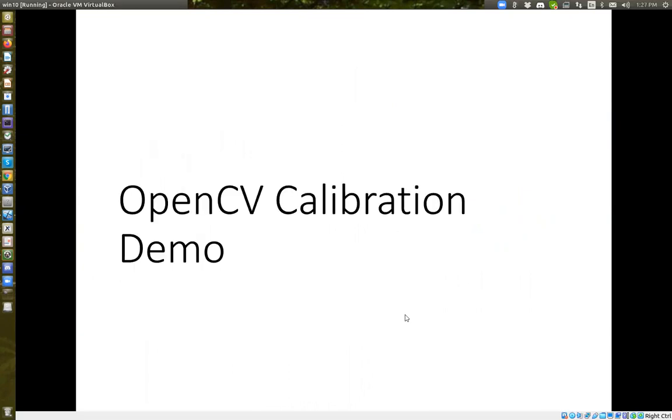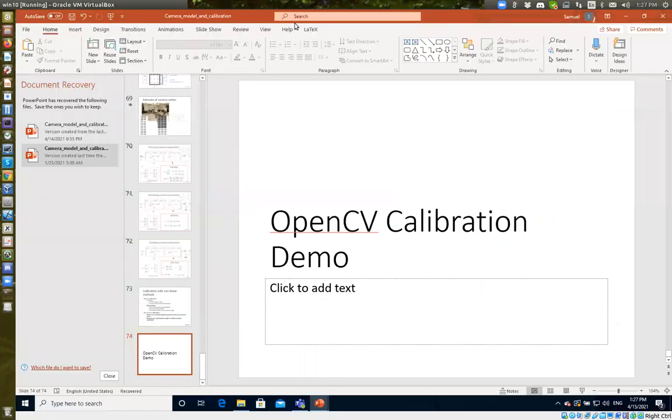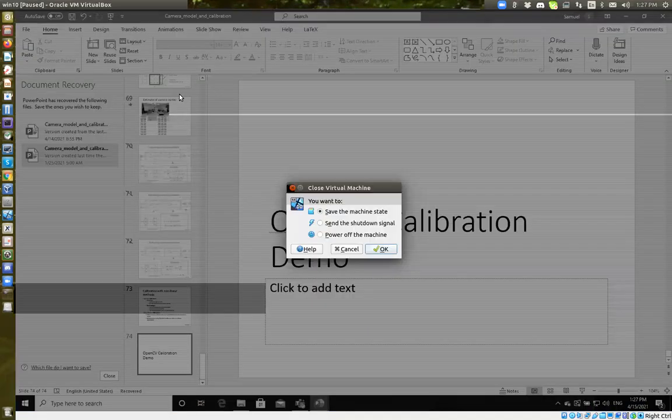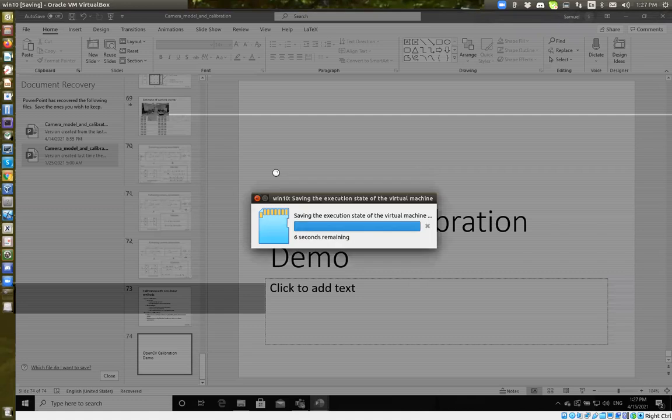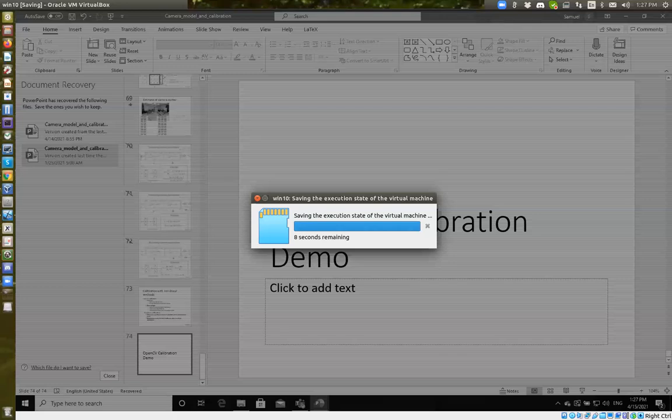Okay, let me do a quick demo for calibration. But for safety here, I'm thinking maybe I should shut down this. The fan is still running high. Maybe if I shut down the VirtualBox it will help a little bit. So let me pull up the code here. Calibration.